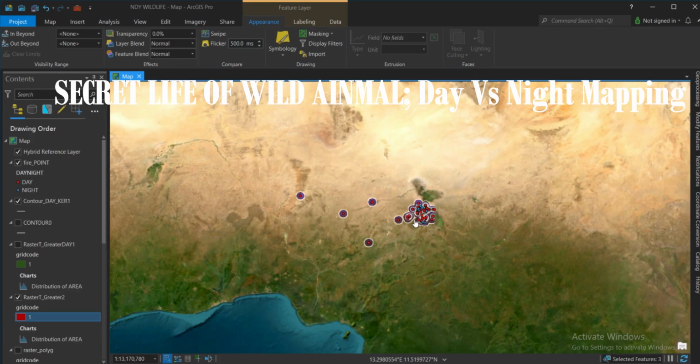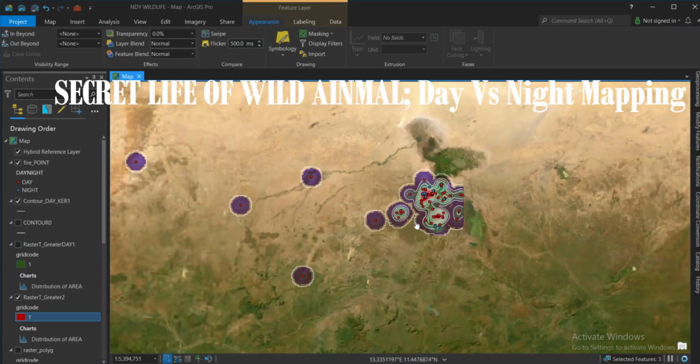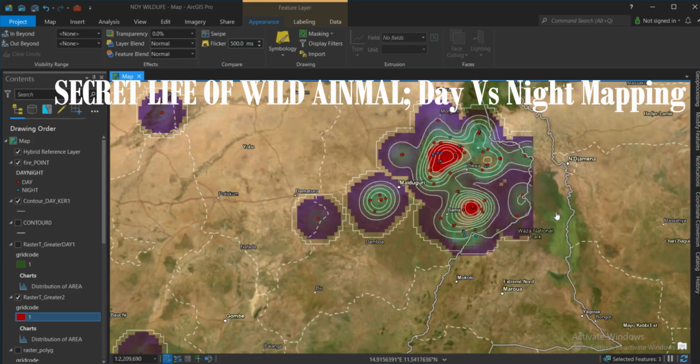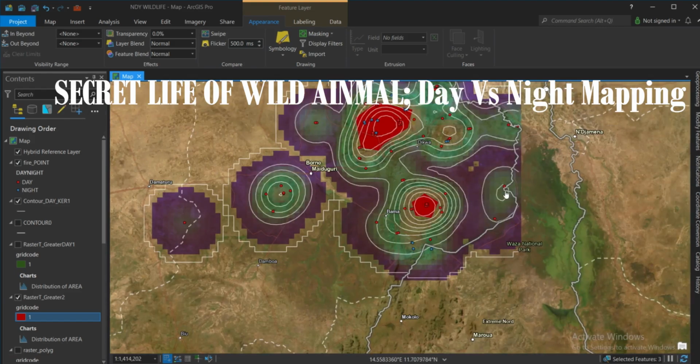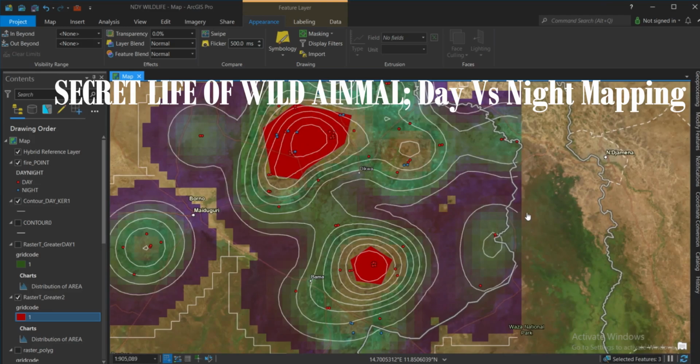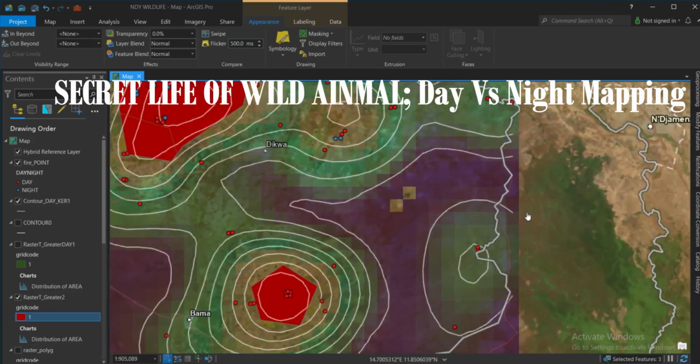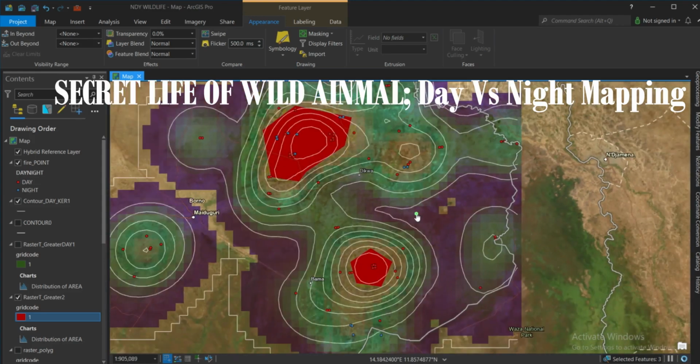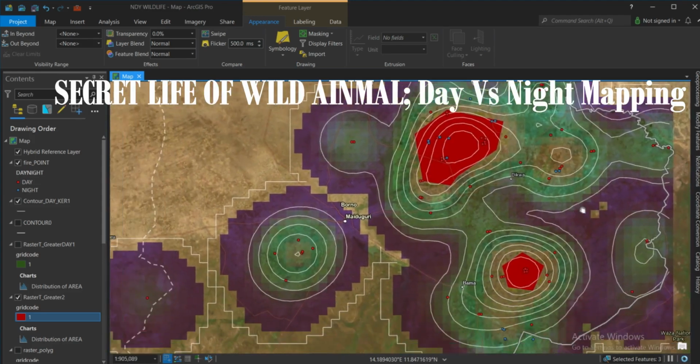Temporary replacements. You can see the open grassland, green and yellow zone.